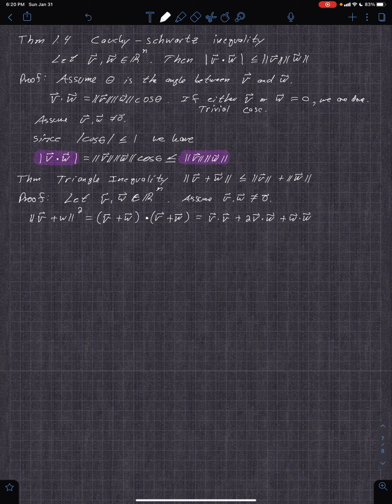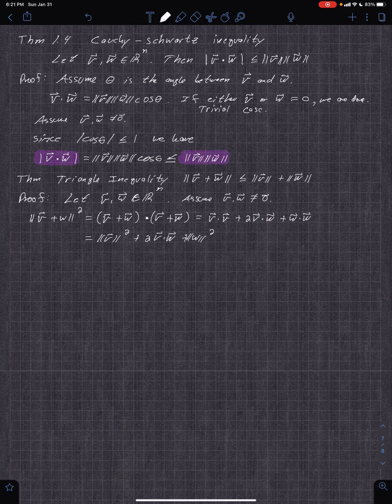But notice that the V dot V and W dot W are magnitudes. So we can rewrite this as magnitude V squared plus 2 V dot W plus magnitude W squared.